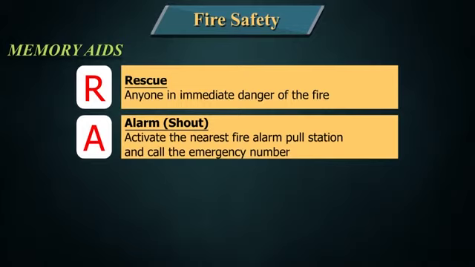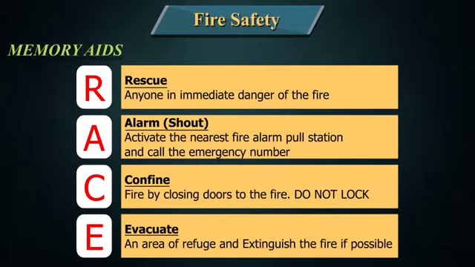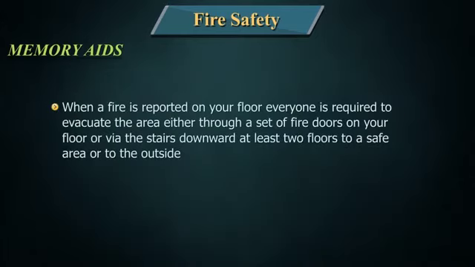The fire alarm will ring on the fire floor and throughout the building. Confine the fire by closing doors to the fire. Do not lock. Evacuate to an area of refuge and extinguish the fire if possible. When a fire is reported on your floor, everyone is required to evacuate the area either through a set of fire doors on your floor or via the stairs downward at least 2 floors to a safe area or to the outside.